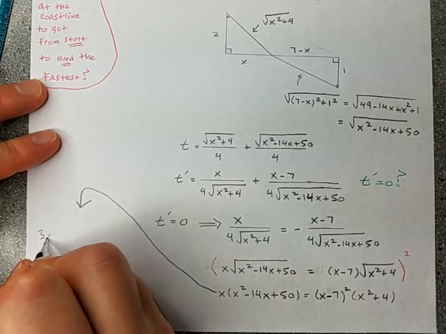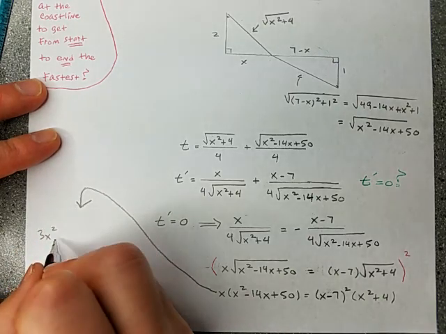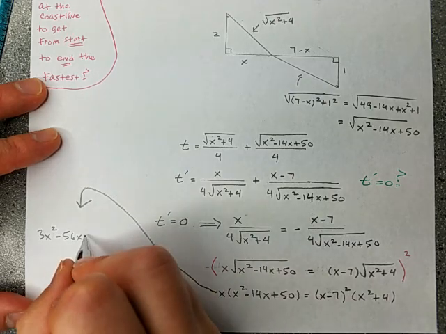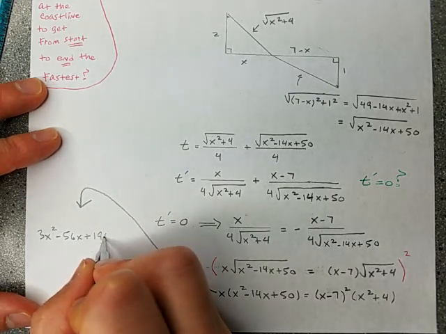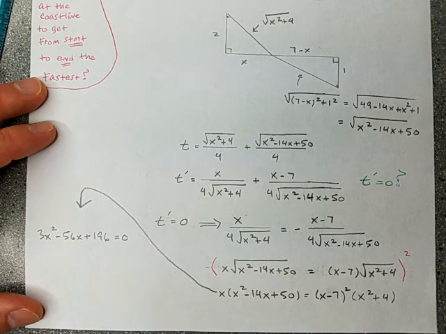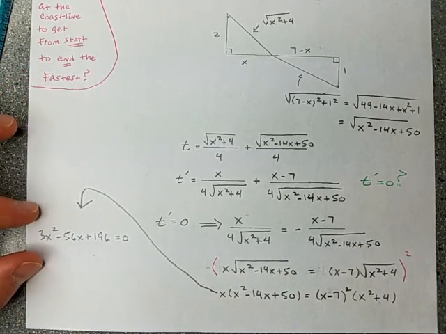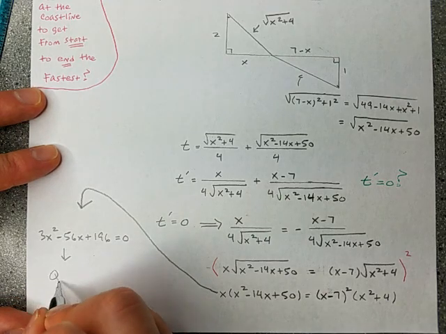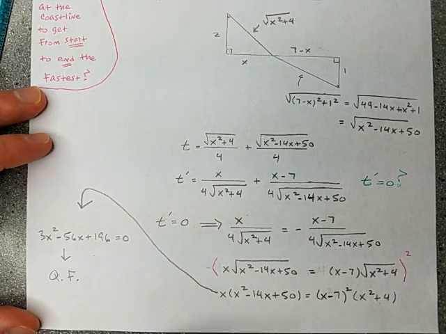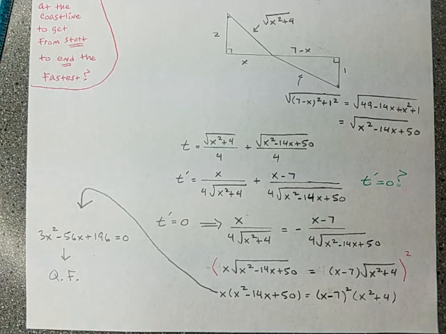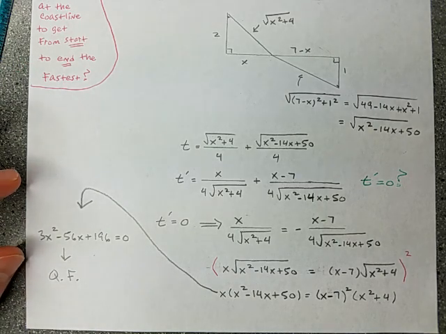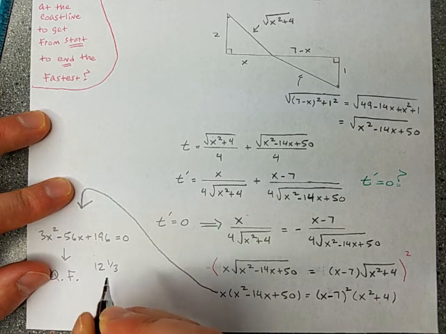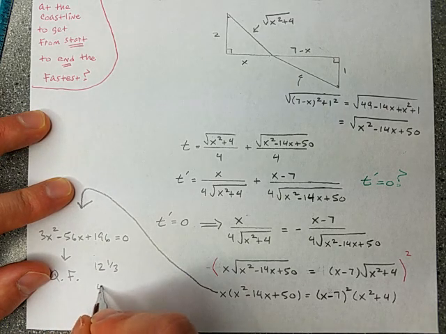Here's what you're going to get. 3x squared minus 56x plus 196 equals 0. And we'll solve that by the quadratic formula. And that's going to be negative b plus or minus root b squared minus 4ac, that whole thing. And the answers we'll get are 12 1/3 and 4 2/3.